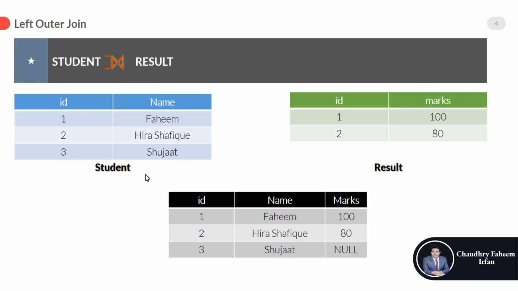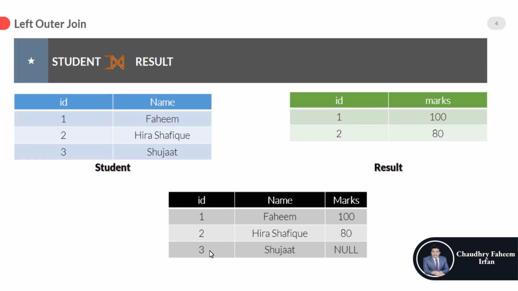So tuples from the student table are all included in the result table, which is in black color, and marks of student Shujat is null because it is not in the result table. So all the records in the student table, which is the left side table, are included in the result table, and corresponding to the result where marks is equal to null and student ID is equal to 3.